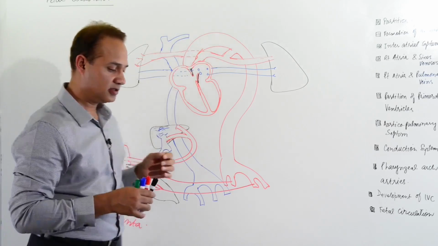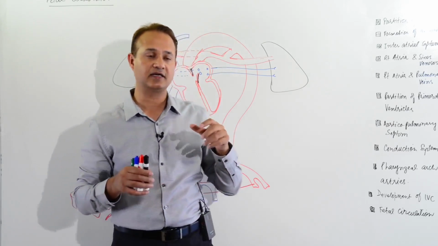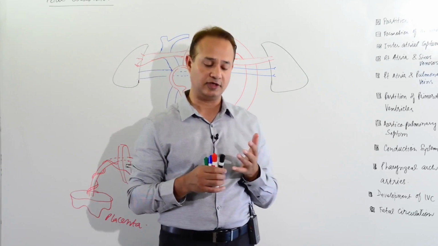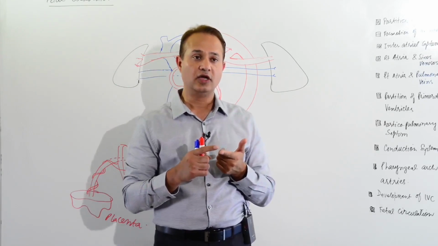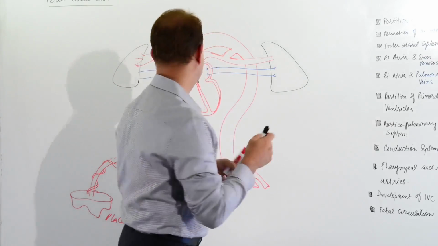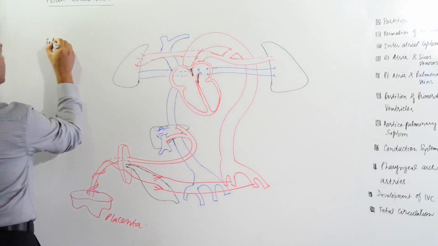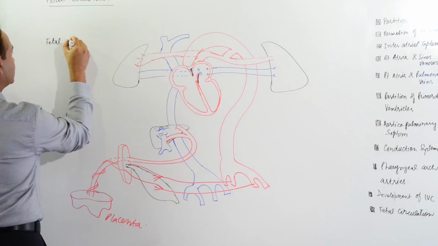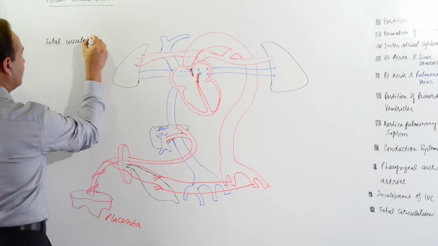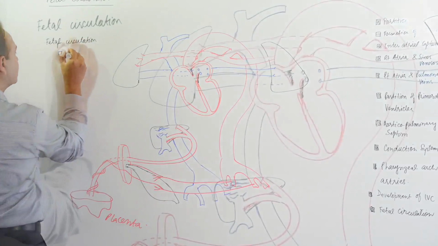First of all, how do you learn about the fetal circulation? So here are the things to know. Number one, what is the fetal circulation and what are the shunts in it.